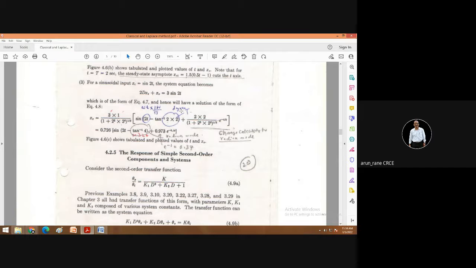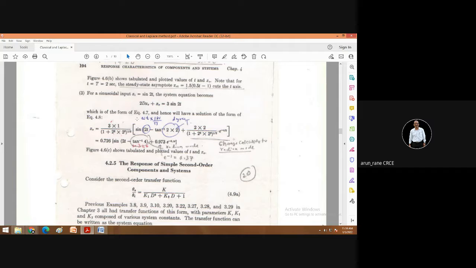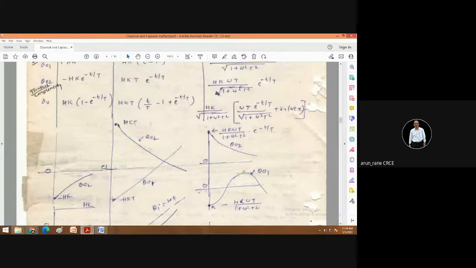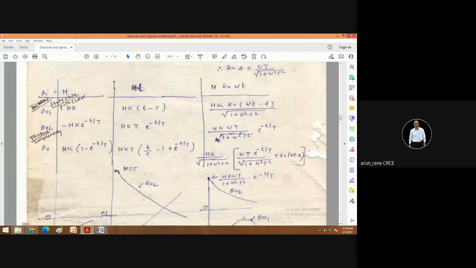That is nothing but h sine of omega t. So how do we find out the response? How do we find out the response? My response for a sinusoidal input is this.